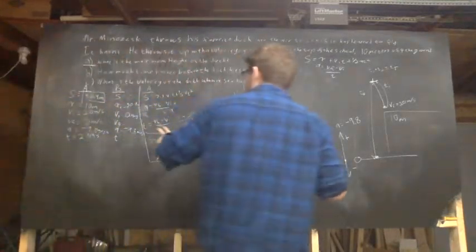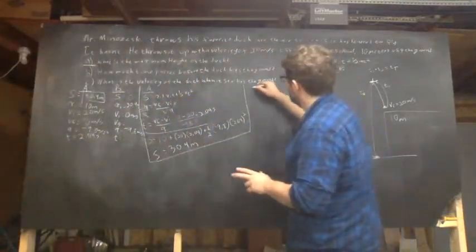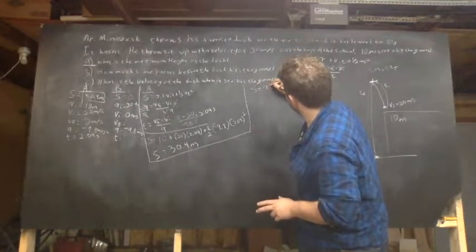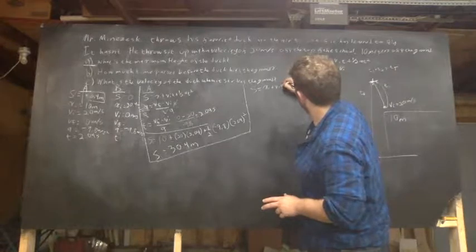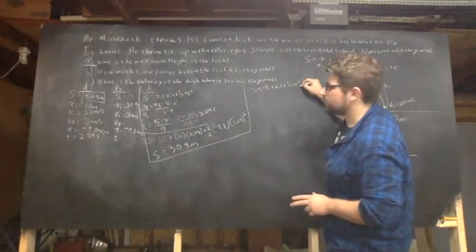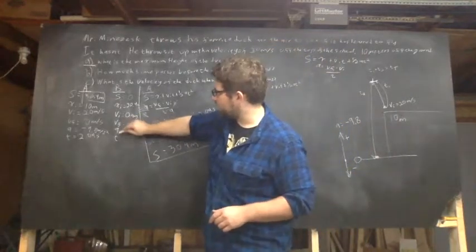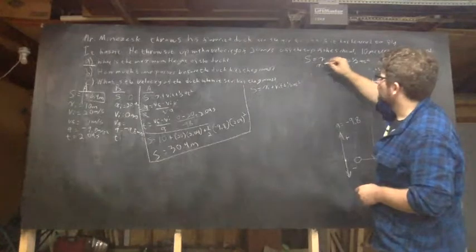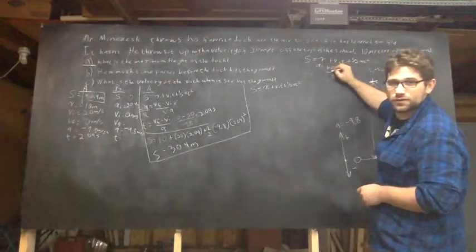Okay, so we're going to have to do a little bit of rearranging here. So let's go ahead and find our time using our S equation. I know I need to use my S equation because I'm missing velocity final and T, so I wouldn't be able to solve for either of those in this position.